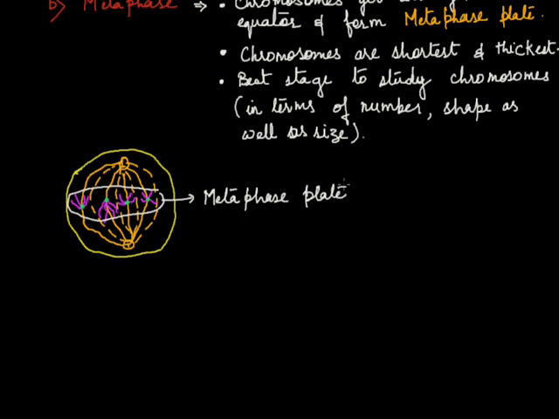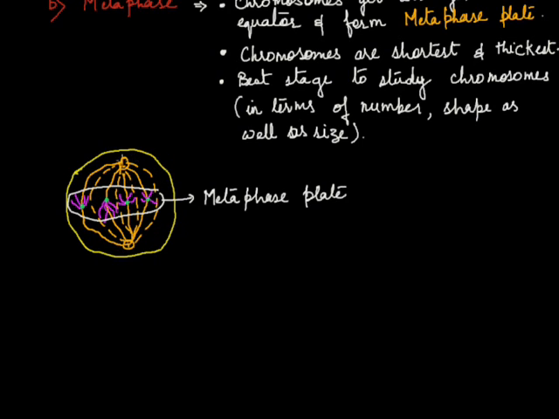Remember one thing, that the chromosomes are attached to the spindle fibers at their centromeres, and I have said that there are two types of fibers. The discontinuous fibers are represented by the continuous dark yellow line, whereas the continuous fibers are represented by the dotted dark yellow line.